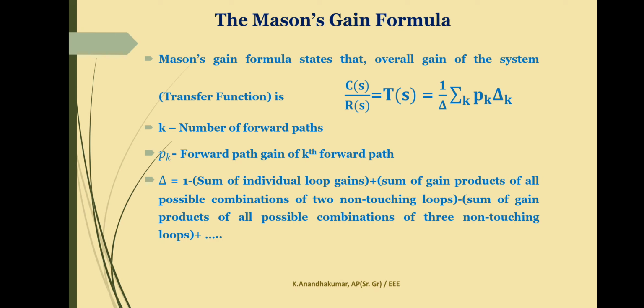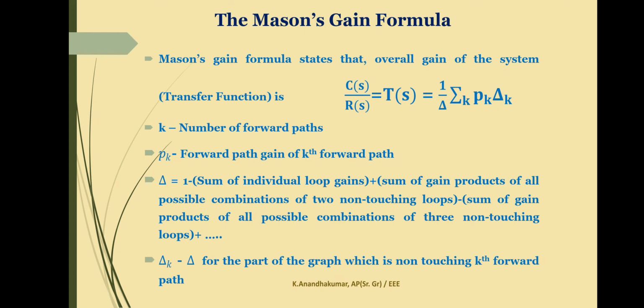Until then this formula has to be continued. So if we only have the sum of individual loop gains and the sum of gain products of 2 non-touching loops, then we can stop the formula there. Or if you have 4 non-touching loops, 5 non-touching loops, we have to continue the formula until then.